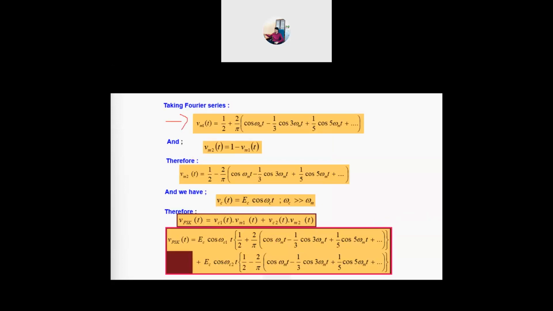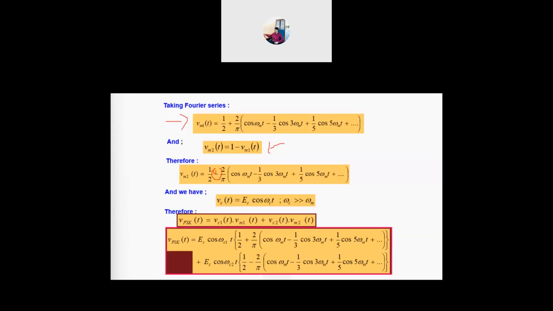And VM2 is the complement, so it's just 1 minus the entire VM1(t). So 1 minus half, you get half, and minus VM1(t). So this one is just minus. Understand?